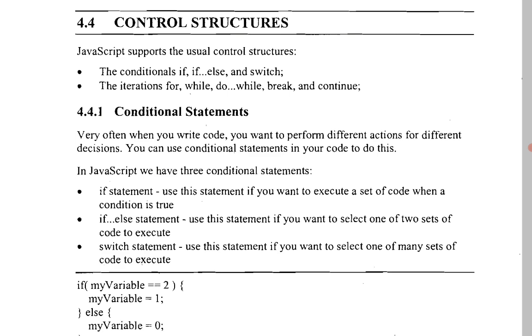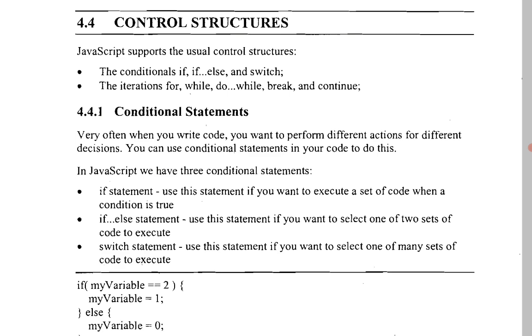So what are conditional statements? Conditional statements are generally used to test a given condition, whether the given condition is true or false. For example, if the given condition is true, then a set of statements is executed, otherwise another set of statements is executed.